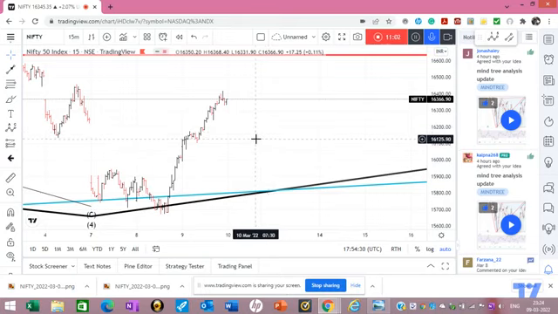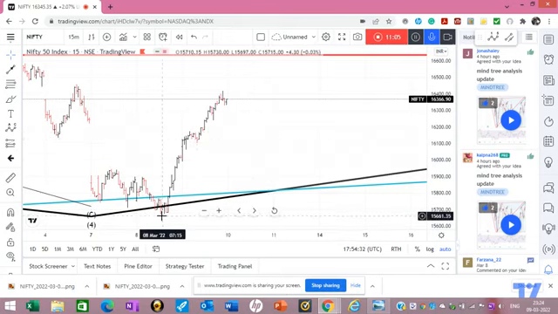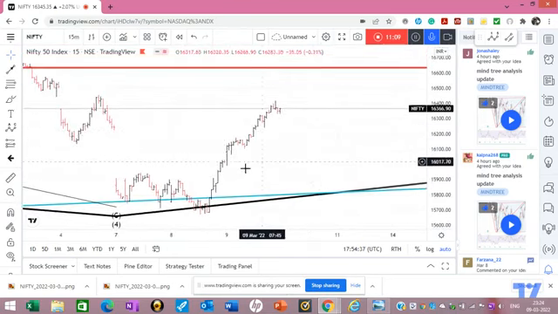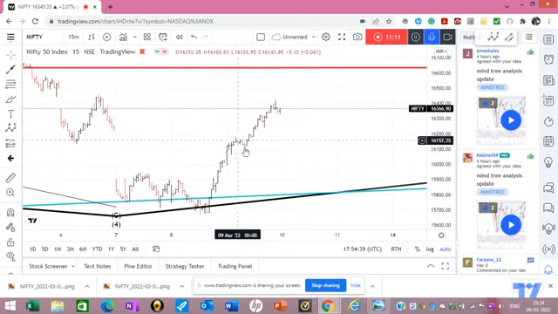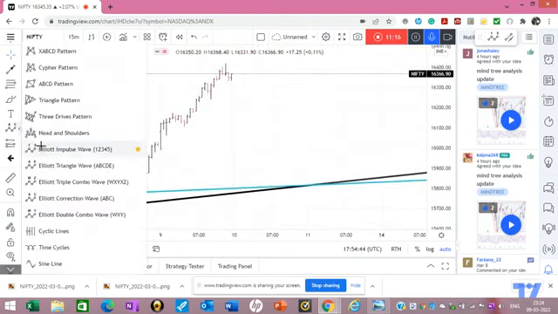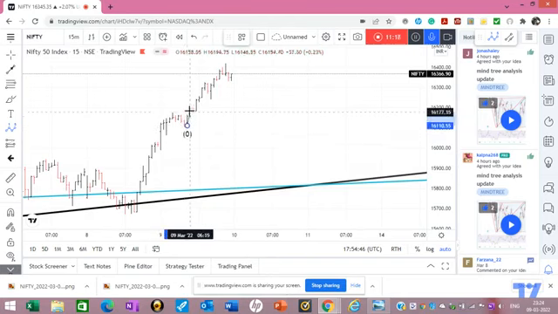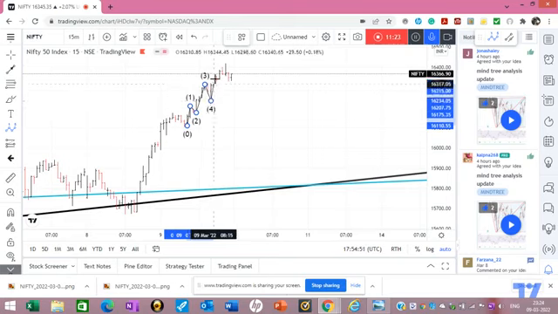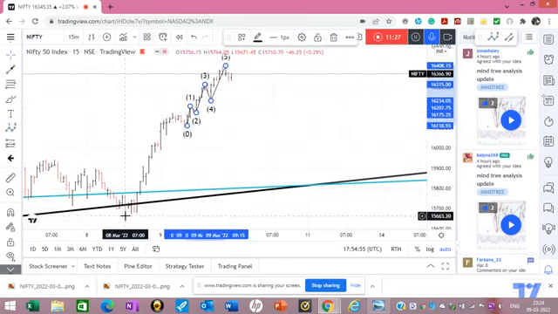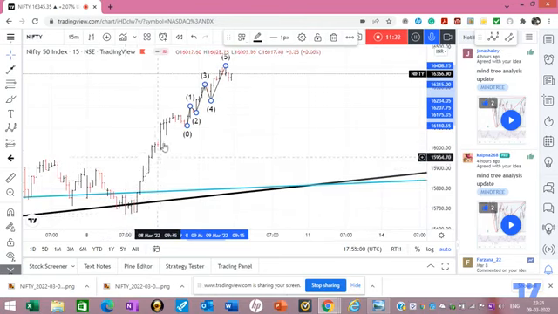I'm expecting a correction tomorrow. If I had to mark the small waves, minor waves on the 15-minute chart, then 1, 2, 3, 4, and 5. This would be the fifth wave. And from here onwards, 1, 2, and then 1, 2, 3. This would be the third wave, from here to here.